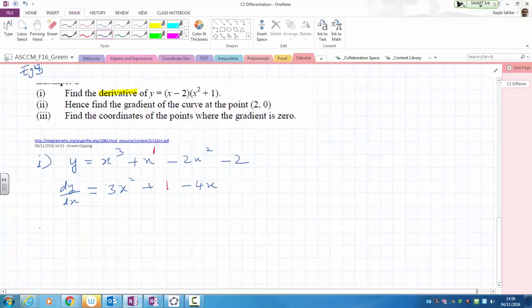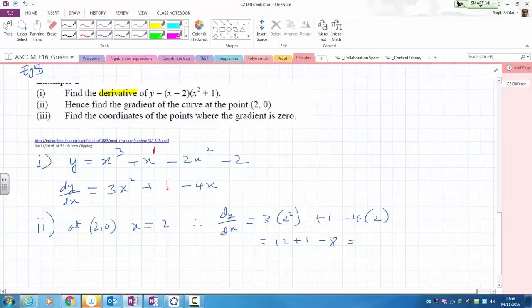The first part's been done now. The second part, find the gradient when we're at this point, 2, 0. So at 2, 0, what does x equal to? 2. Therefore, dy over dx, the gradient, equals 3 times 2 squared plus 1 take away 4 times 2. 2 squared is 4. 4 times 3 is 12. 12 plus 1 take away 8.